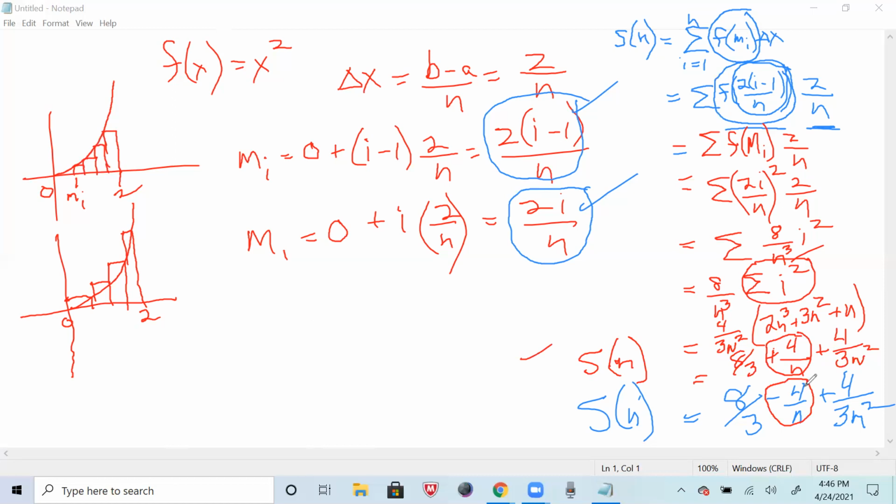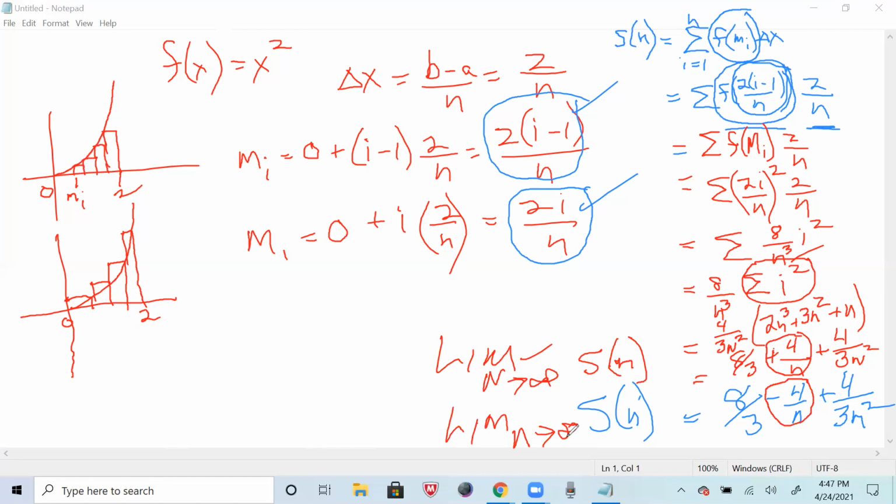But in both cases, if I take the limit as n goes to infinity, I get 8/3 for both of them. So that is how you do this with a simple function like x squared.